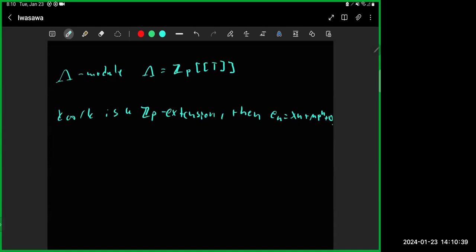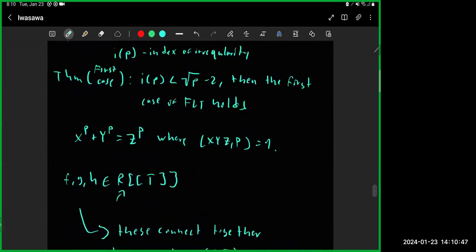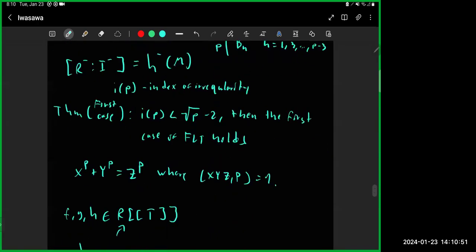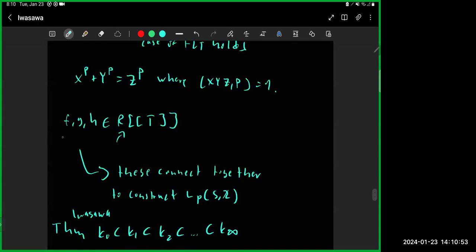Specifically, Wiles and Mazur proved, I don't know when this was, something called the main conjecture of Iwasawa theory. The main conjecture was concerned with what these series actually look like, because not a lot was known about them.